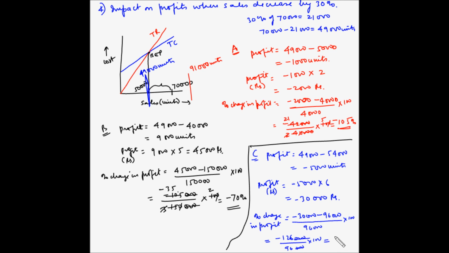So this is equal to 131.25. It is minus percent. So basically, if the sales decreases by 30%, for A the profit decreases by 105%, for B the profit decreases by 70%, and for C the profit decreases by 131%. Now if you recall, for scenario number 3, if the sales was increasing by 30%, the profits were also increasing by the same percent, which was 105%, 70%, and 131.25% respectively.